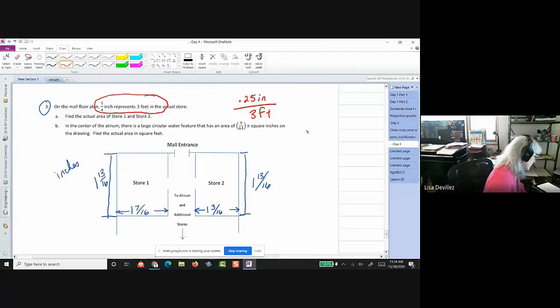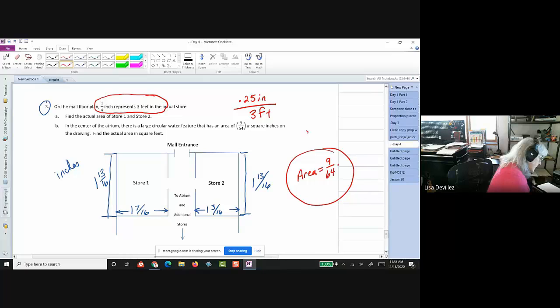And there's a water feature it wants you to find. It's a circular water feature and its area is 9/64 times pi, which is approximately 9 divided by 64 times 3.14, so 0.441 inches squared.